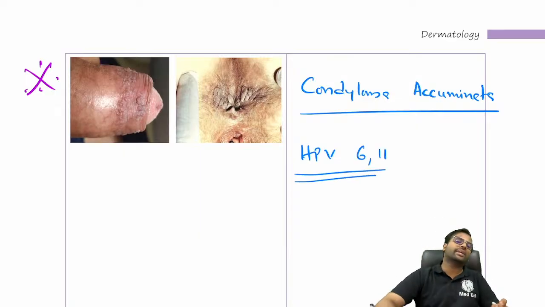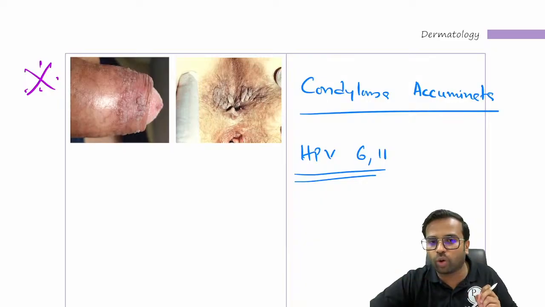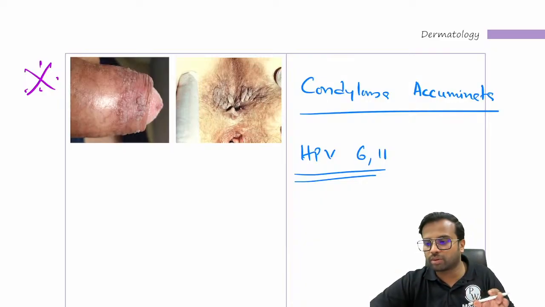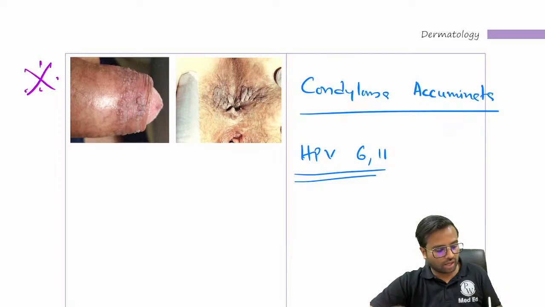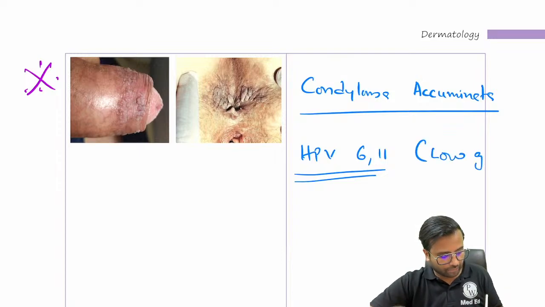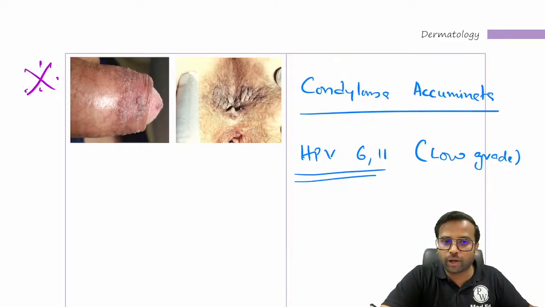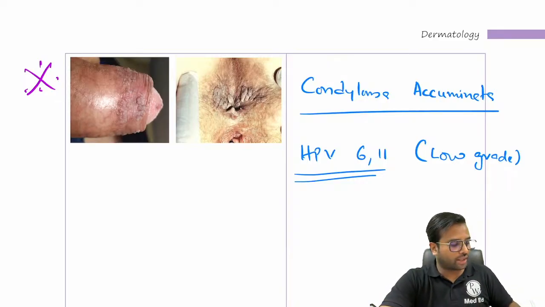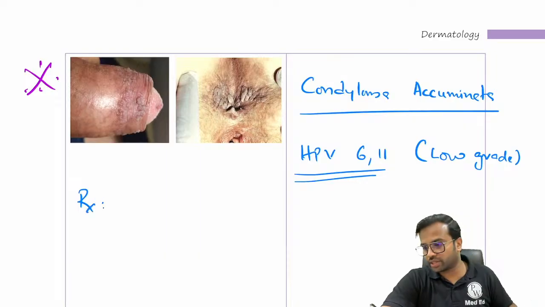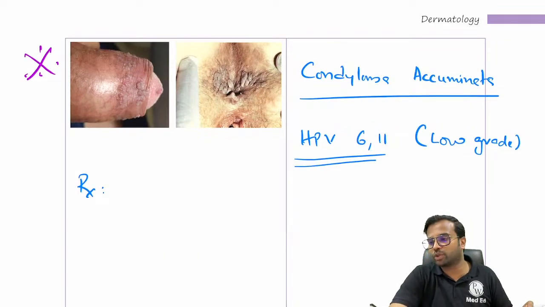So 6 and 11, is it going to be a high grade or a low grade? Remember, everything that is seen in the skin is going to be low grade, isn't it? And when it comes to condyloma acuminata, what is our treatment of choice?